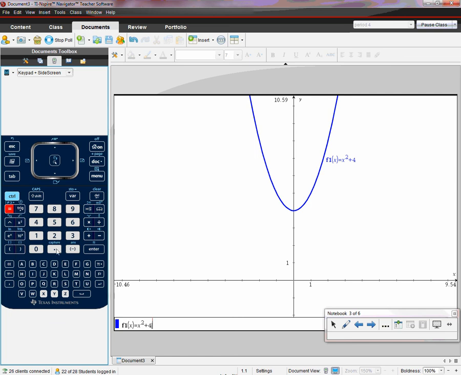domain. Let's say I want the domain from negative 3. Pull up your inequalities, which is at the same spot. Remember, domain is restricted by x. Let's say I want it from negative 3 to positive 3. You hit the separation bar. Negative 3 to positive 3.